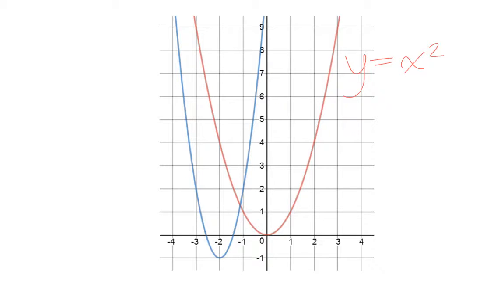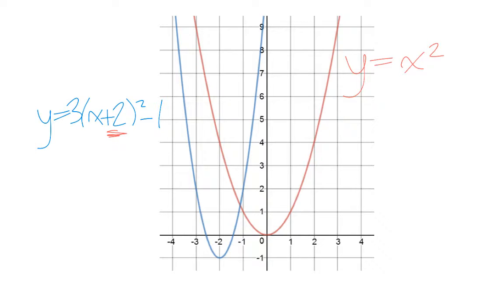Whereas the blue parabola corresponds to the newly transformed parabola of y equals 3(x plus 2) squared subtract 1. So, as you can see, it has been translated to the left by 2 units.